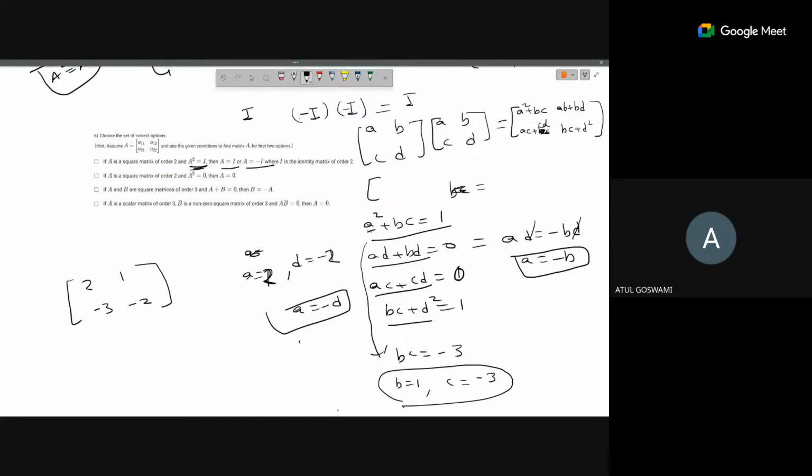So basically what I'm saying, we don't have to do these activities. We can directly find such values. Sir, why did we change the example from 1 to 2?